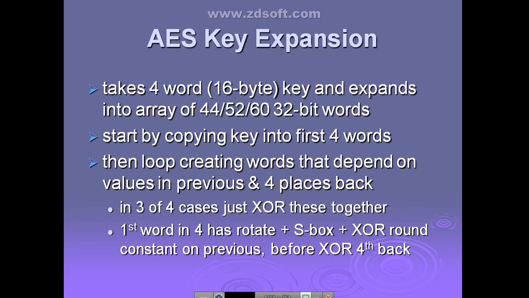Yes or no? So, see here, in AES the key size is not common. It may be 128 bits, or 192 bits, or it may take 256 bits of key. Yes or no? But the data block size is fixed, that is 128 bits. Now for AES key expansion, it is going to take a 128-bit key, or you can say the 4-word key, and expand it into an array of 32-bit words.